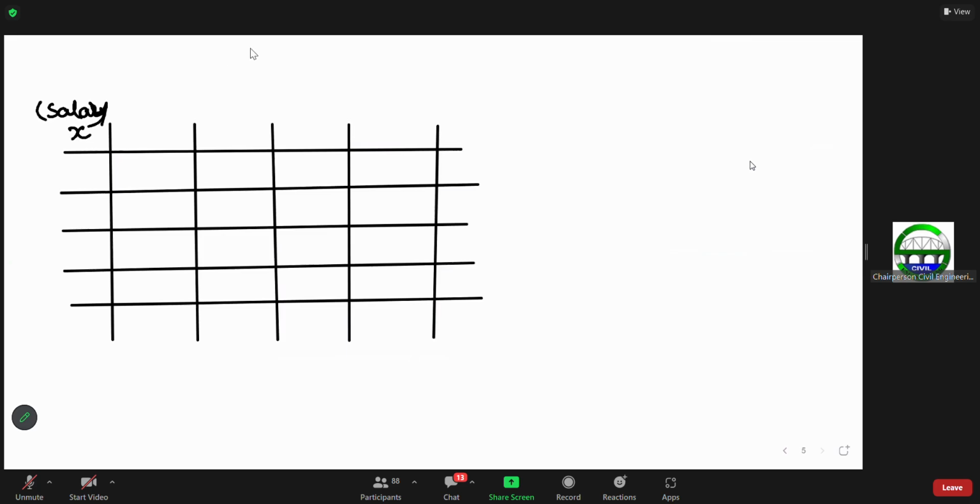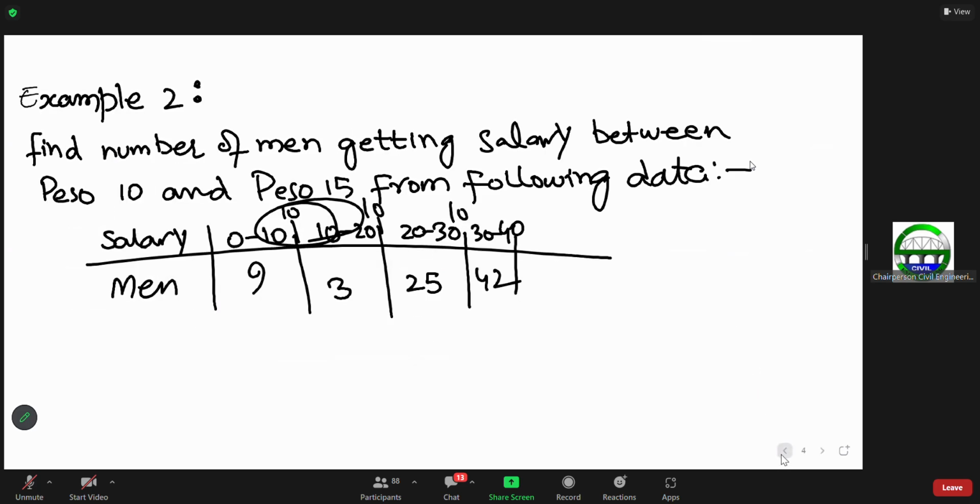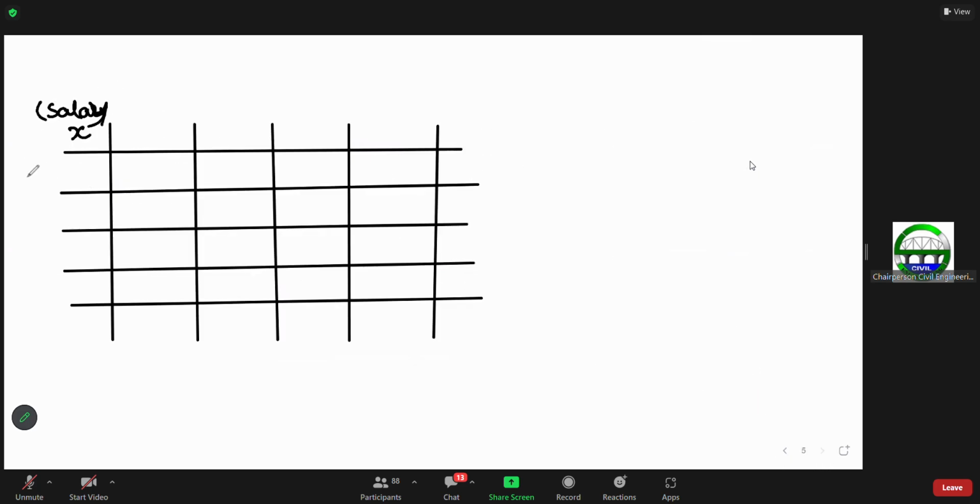So x will be, what we will say in here, 0 to 10. I would say below 10, less than 20, less than 30, less than 40. F of x, I can say that fx is equal to 9, 39, 74.